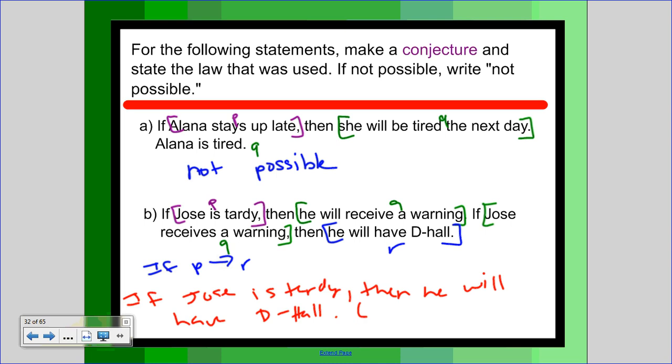And that's our conjecture. Basically, when it comes to the law of syllogism, to write your conclusion, you remove both Q's and put P and R together. And it's just that simple. So this concludes your notes for today. Please take a picture and submit online.